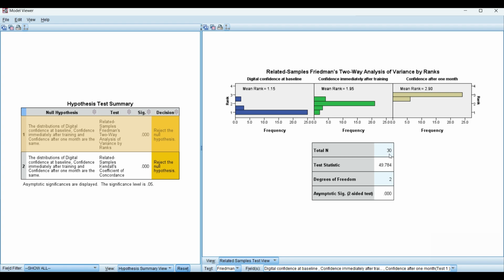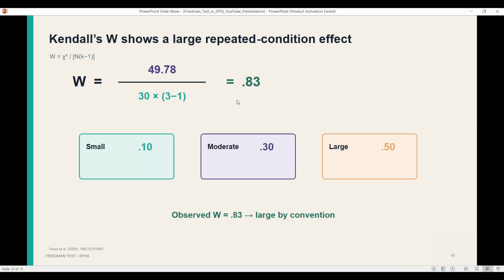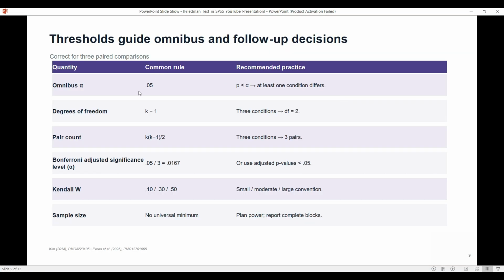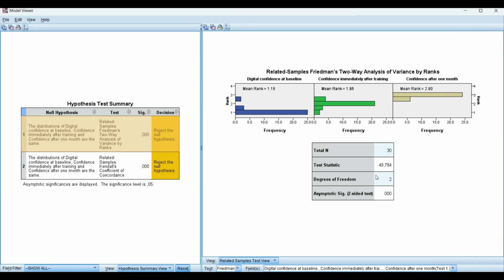The total number of observations is 30 and the test statistic chi-square value is 49.784, and the p-value is significant because it is lower than the alpha value and also lower than the Bonferroni adjusted significance level. So in both cases the p-value is lower, so we reject the null hypothesis because there is a significant increase in confidence from baseline to after 1 month.